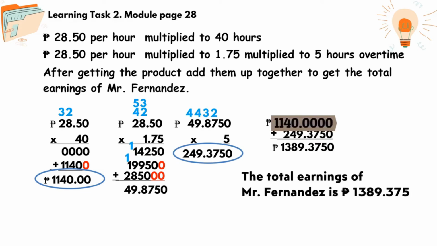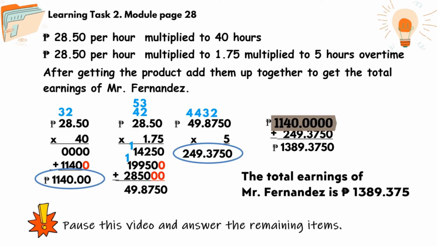Therefore, the total earnings of Mr. Fernandez is 1,389 pesos and 375 centavos. You can pause this video and answer the remaining items in your module. And after answering, you may now proceed with the next part.